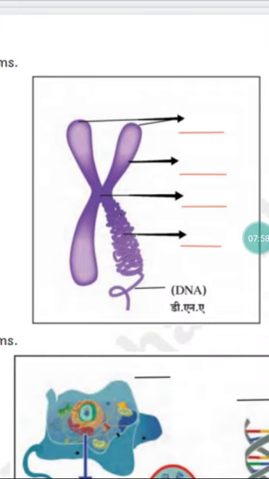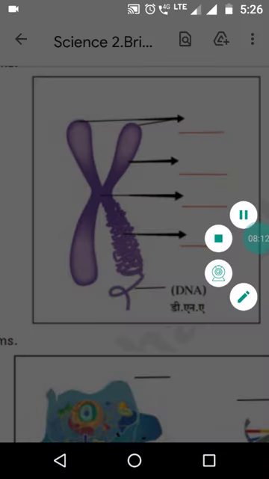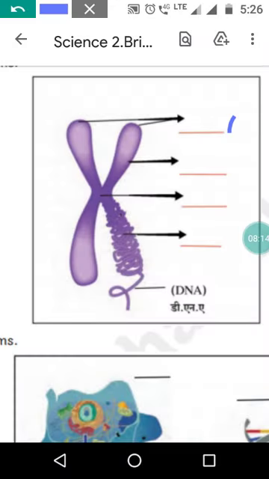Okay, now next one is label the diagram. For this diagram you can refer to page number 180 of the 9th standard book. Here the organization of chromosome is given. The first label, you can write the arms of chromosome. The second label, you can write the p arm.